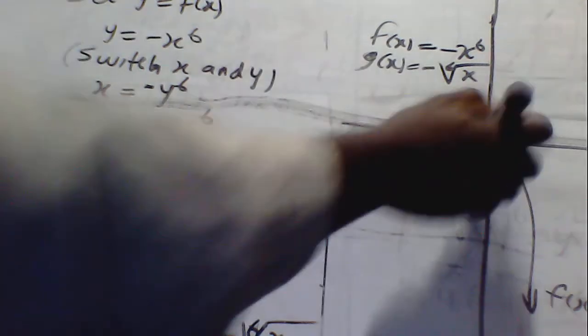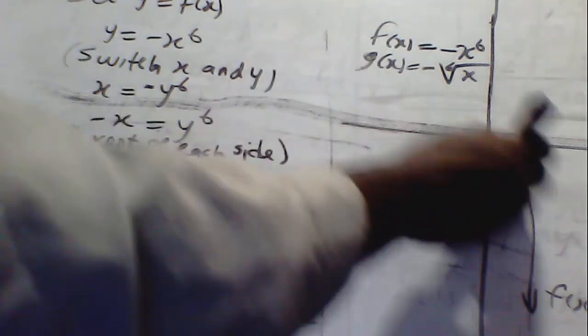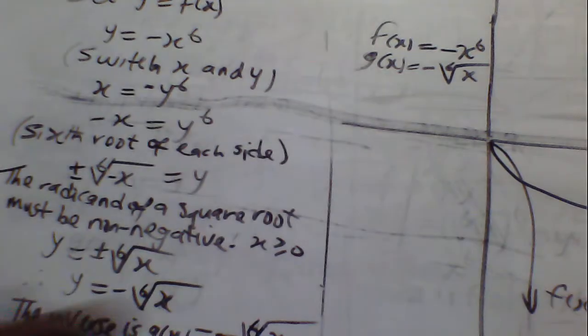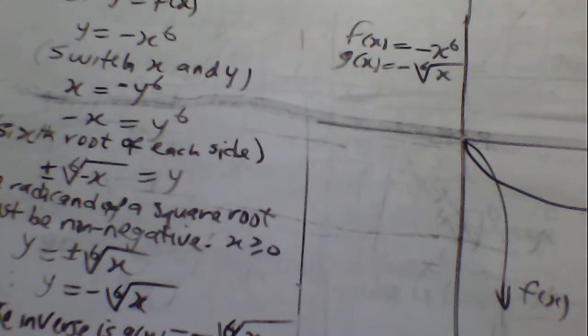If it is positive, it will be like this, but because it's negative, it will be like this. So this is how it's going to look. It will look like this once you come to this point. So this is g of x.